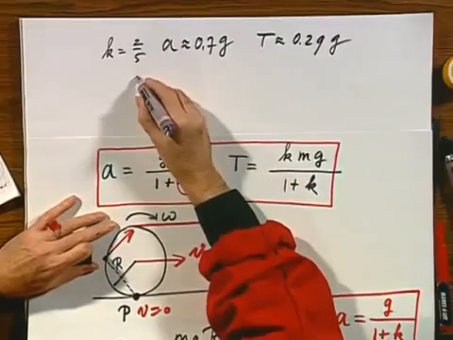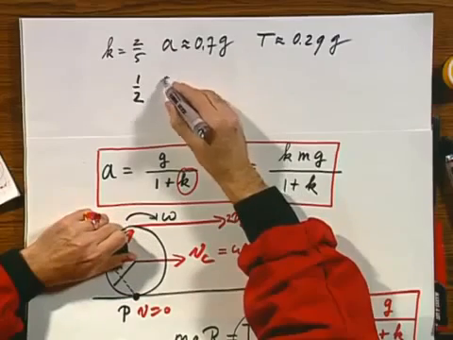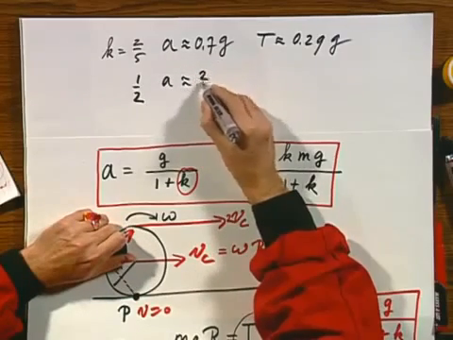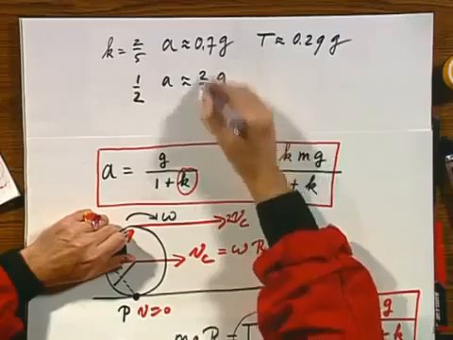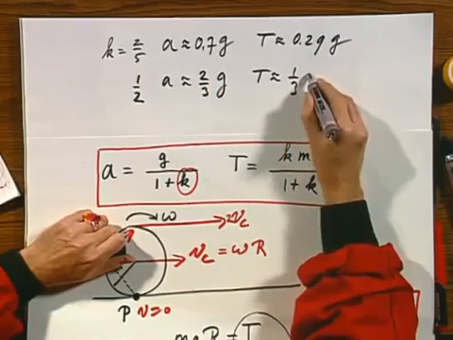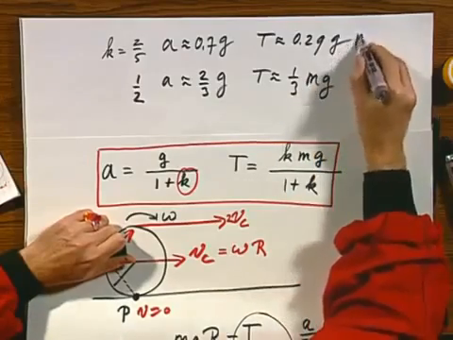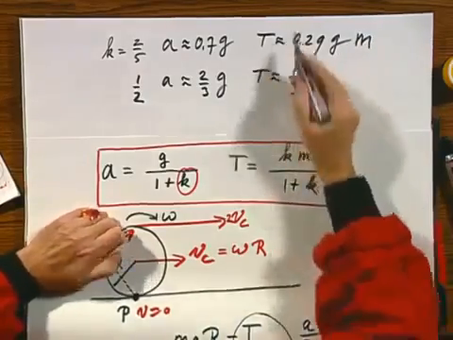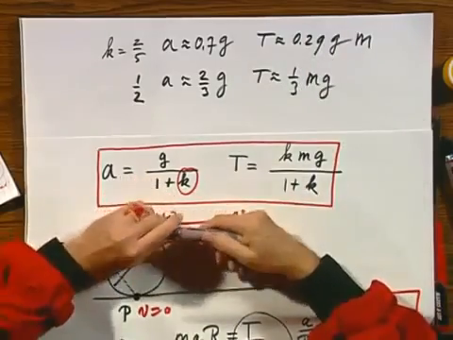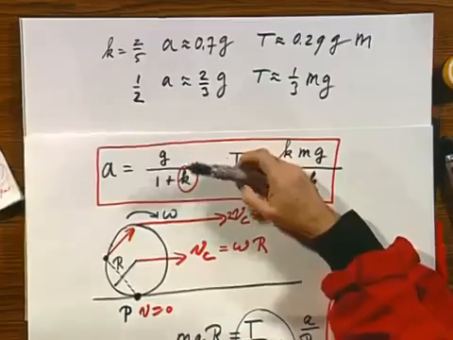If I take K equals 1/2, which would be a solid cylinder, A would be 2/3 G, which is very close, by the way, and T would be about 1/3 mg. And that is also very close to that value. So you see, it doesn't make all that much difference whether you take a solid sphere or a solid disk. Interesting all by itself.